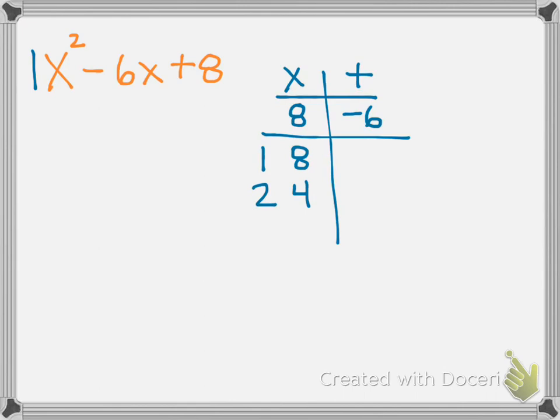Those are the only factors of 8. Again, they both have to be negative because they have to add to negative 6 and multiply to positive 8. So here's how I write my answer. Final answer.